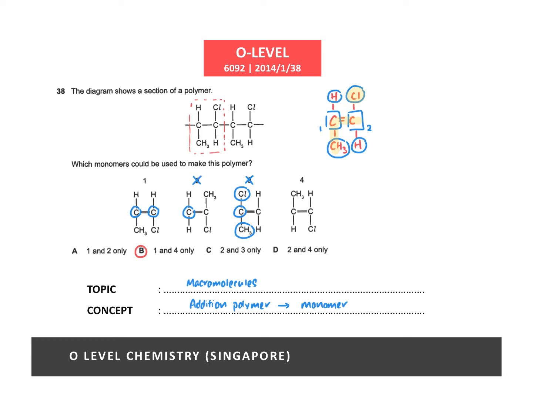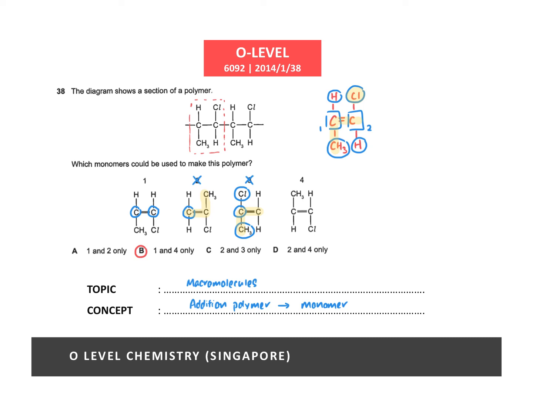If we look at the wrong structures or the monomers that are not correct, and you find the longest continuous chain, you would find that the chlorine atom is actually bonded to the middle carbon in the longest continuous chain. So that tells us that monomers 2 and 3 have a different structure from that we have drawn.